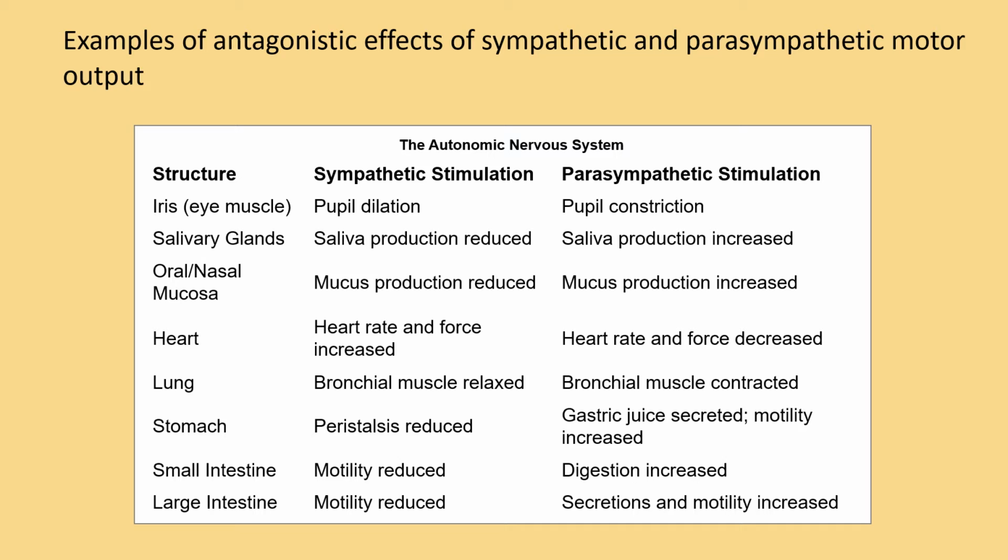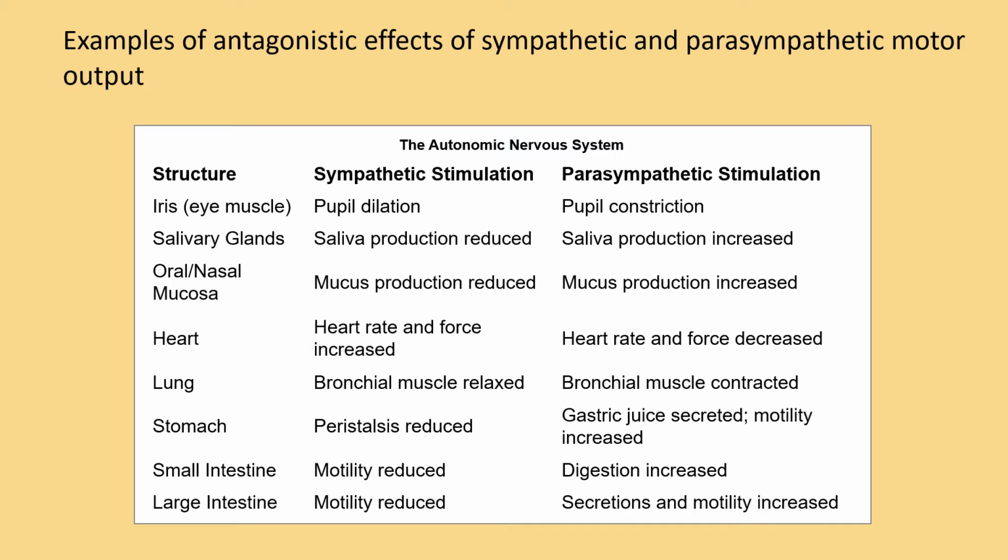Salivary glands, they're obviously glands. In response to an increase in sympathetic stimulation, that decreases the production of saliva. You might even experience a dry mouth. But the opposite occurs during parasympathetic stimulation. That will increase the production of saliva, and maybe you even drool. And so we can go through each effector, and there are two important points here.